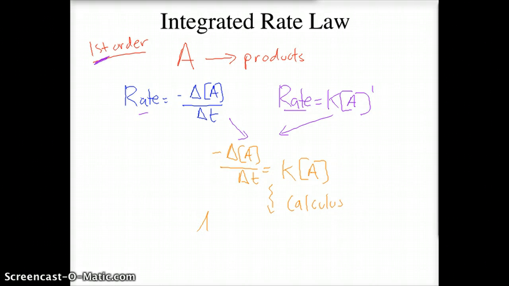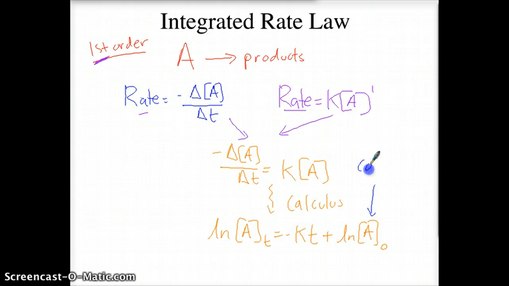That says natural log, that's ln, natural log of the concentration of A sub t is equal to negative kt plus the natural log of the concentration of A sub naught. So the way we would say this is the concentration of A sub naught.